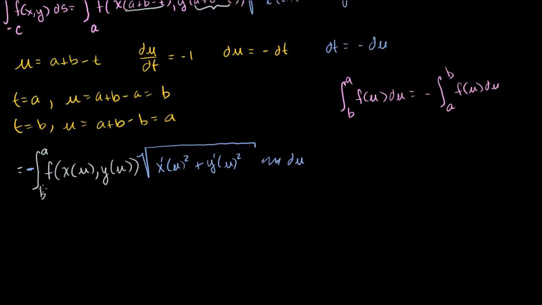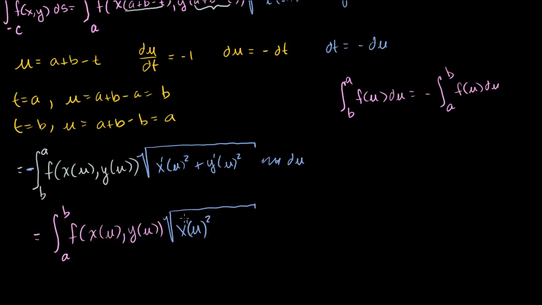So let's swap the boundaries of integration right here. If we do that, that'll negate this negative and make it a positive. So this is going to be equal to the integral from a to b. I'm dropping the negative sign because I swapped these two things, the negative of a negative being a positive, of f of x of u, y of u, times the square root of x prime of u squared plus y prime of u squared du.